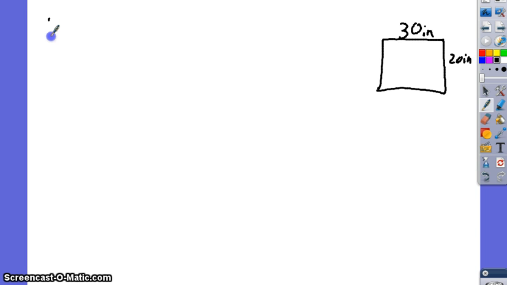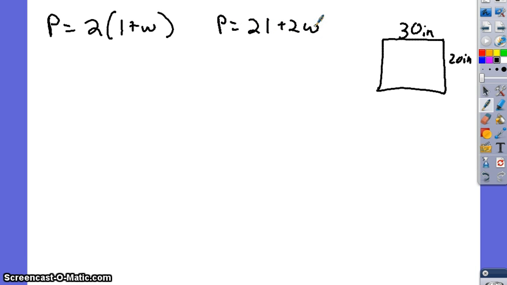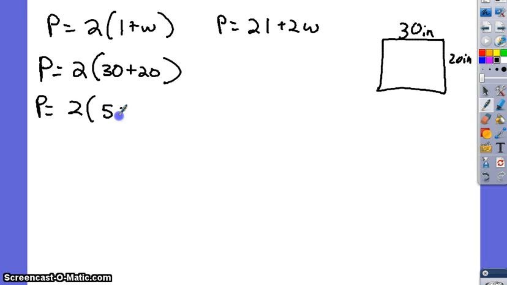I could do P equals 2 times (L plus W), and I could do P equals 2L plus 2W. Both formulas will give me the exact same answer. So if I do the first one, I rewrite the problem, P equals 2 times (30 plus 20). P equals 2 times 50. P equals 100 inches.